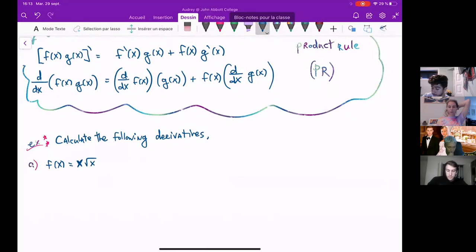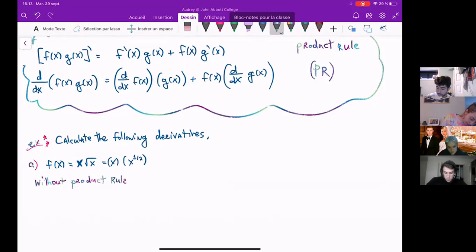And I just want to remind you that the first thing that we did here is we rewrote that square root of x as x to the power of 1/2. So now I'm going to do this in the same way we did it yesterday, just to kind of remind us of how that worked. And then I'm going to do it with the product rule, this new rule that we had learned.